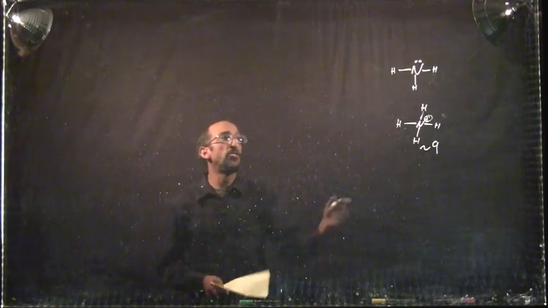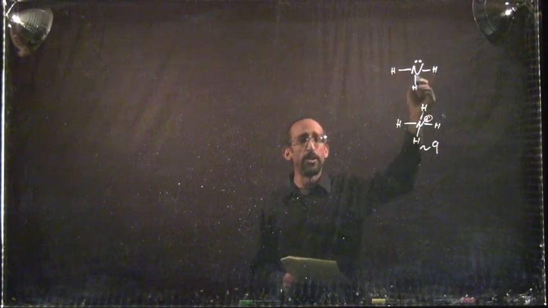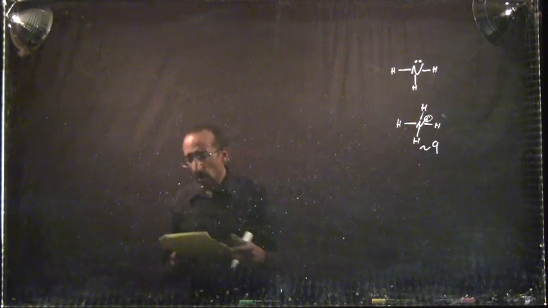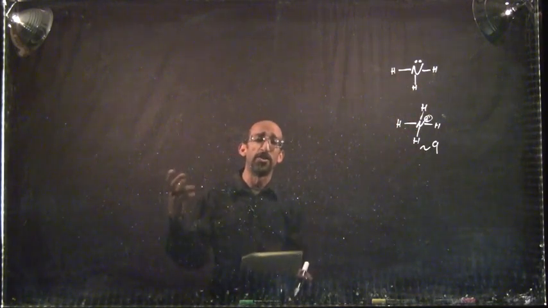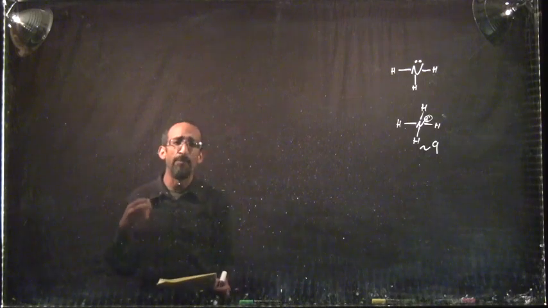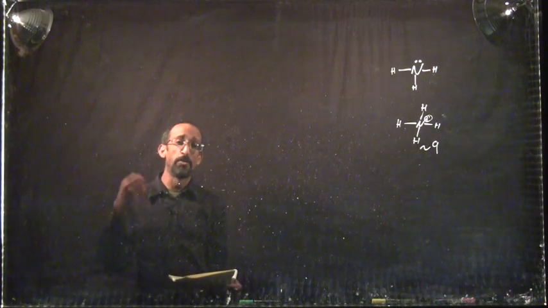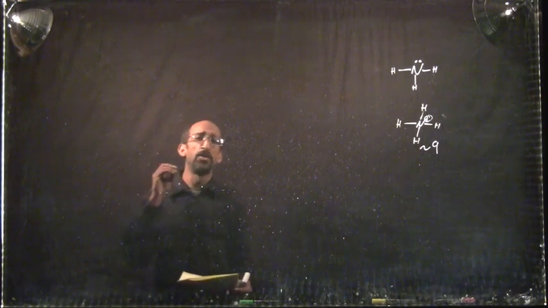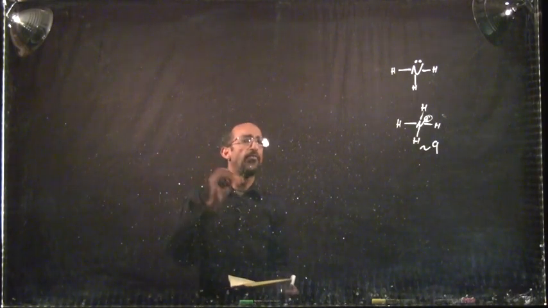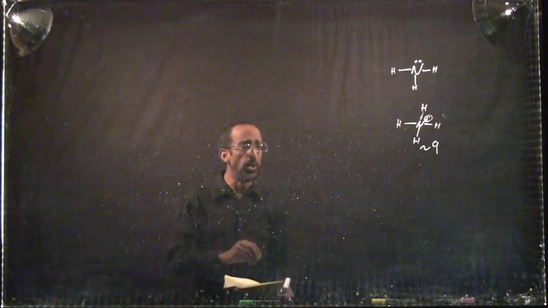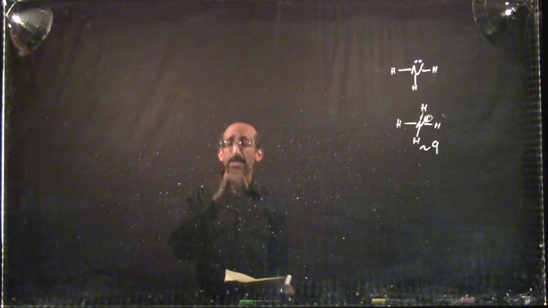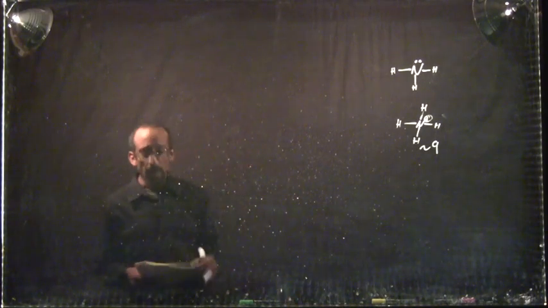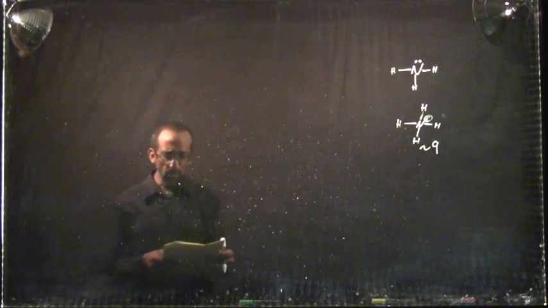What happens when we start replacing these hydrogens on ammonia with alkyl groups? Well, alkyl groups are electron donating, and we're going to get into the specifics of that when we get to, I believe it's topic 14, SN1 reactions, but that's going to be later on in the week.